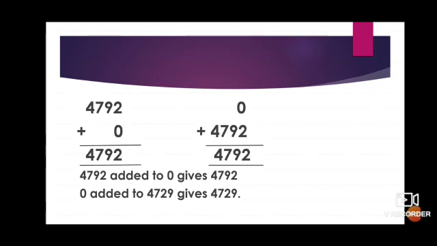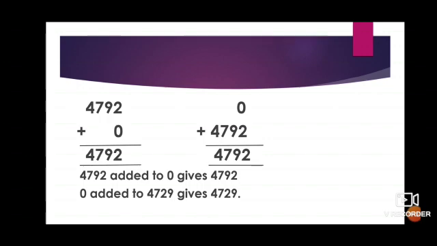Look at the numbers added here. 4792 plus 0. So when you are adding 4792 plus 0, you got the number itself. We change the other way. 0 plus 4792. When we added 0 plus 4792, you got the number itself, which is 4792.